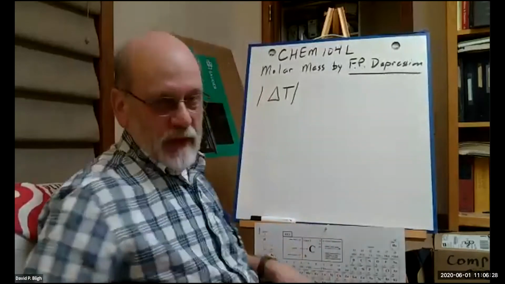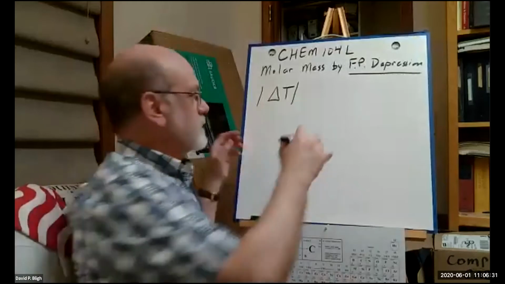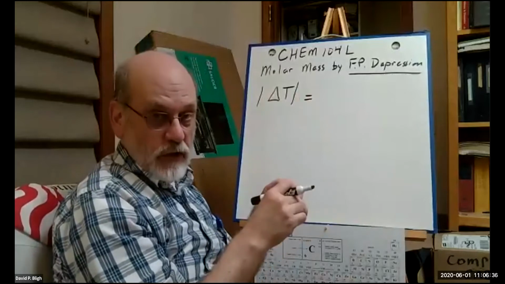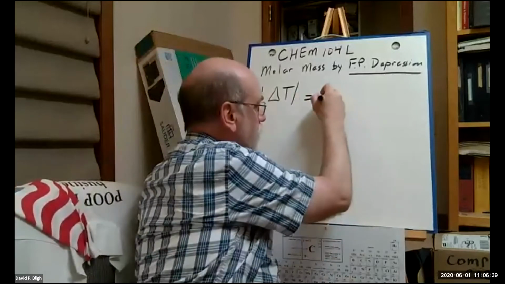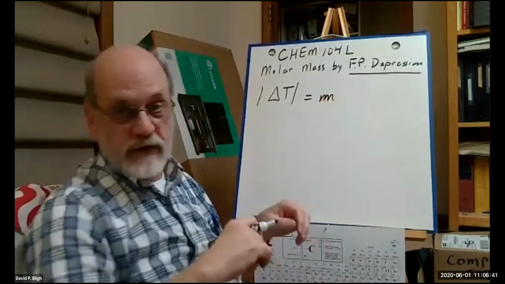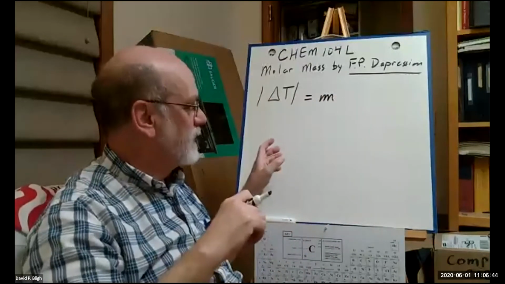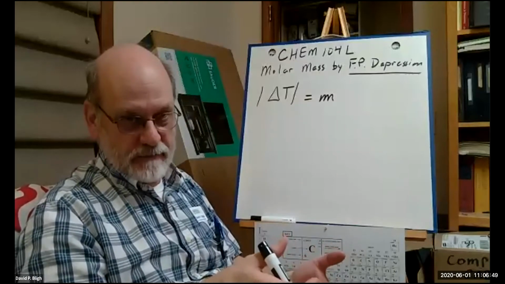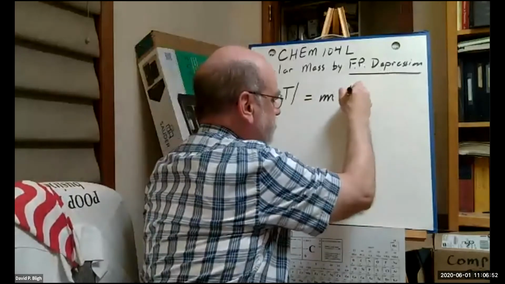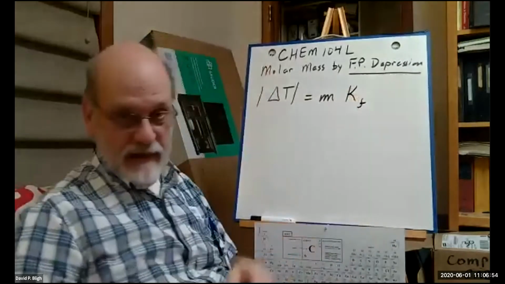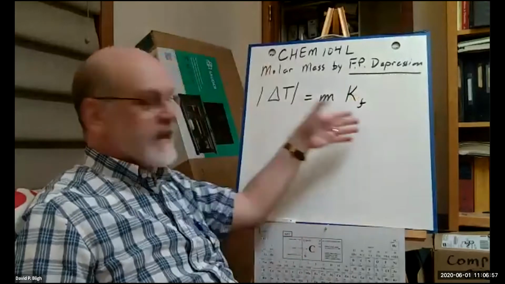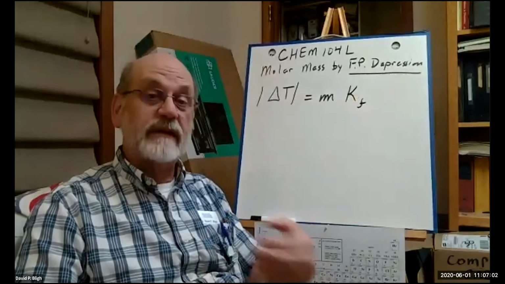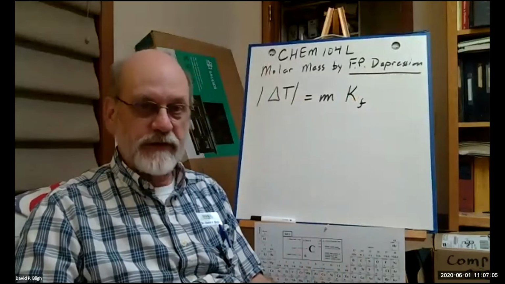So the formula that governs this property is delta T equal to the concentration of the solute in the solution, and I'll describe what that M means in just a minute, times a proportionality constant. Right? That K. Now let's go to the K first. The K is characteristic of and experimentally determined for the solvent.